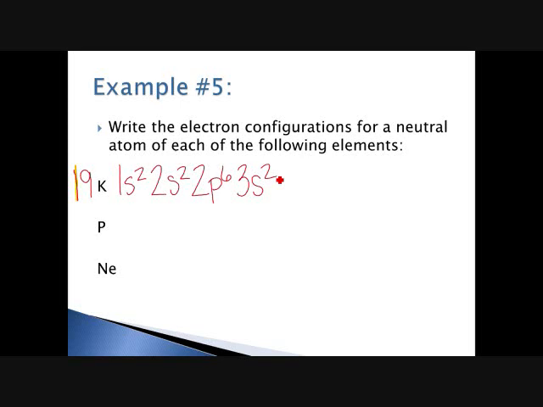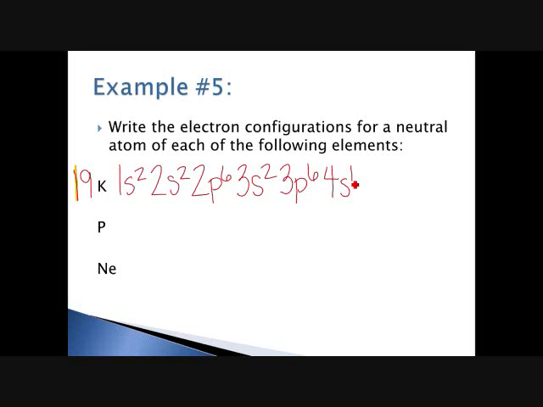Okay, so we only need 7 more. 3p6 gives us 18. And then 4s, and instead of putting a 2, because we only need 1 more to make 19, then on the end we would put just a 1. Okay? Only the end atomic orbital can have a number other than a 2, a 6, a 10, or a 14. And that's just to make it so that it adds up correctly. Everywhere else inside should have a 2, a 6, a 10, or a 14.